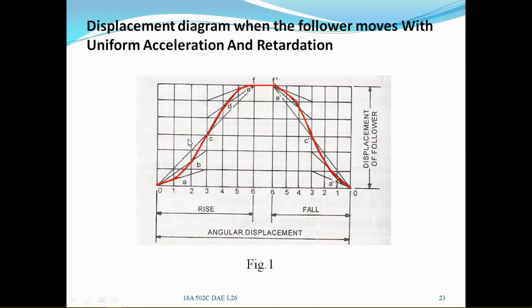Draw horizontal lines, and where they intersect, join all these points. You will get the various points A, B, C, D, E, F, and also F dash, E dash, etc., up to A dash and O dash. If you join all these points, you will get your displacement diagram.